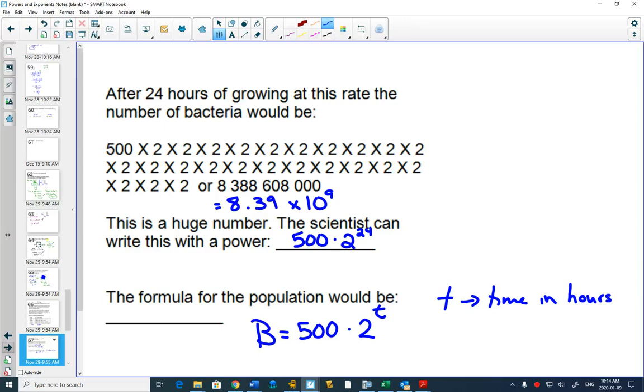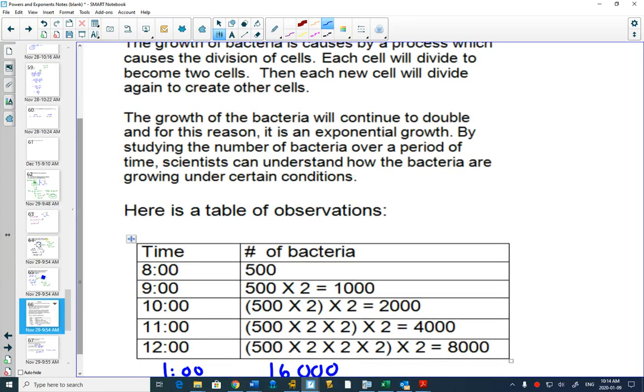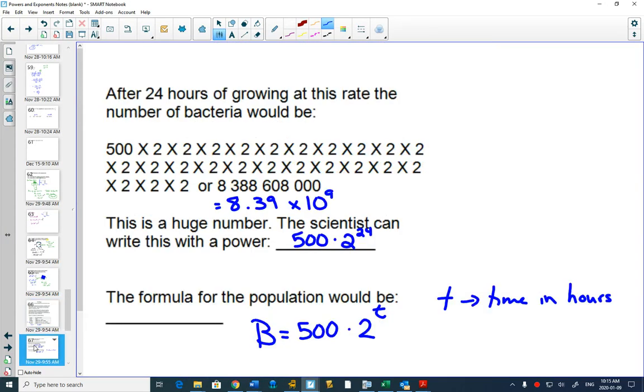If the time was 2 hours, 2 squared would be 4. 4 times 500 would give you 2,000. If the time was 3 hours, it's supposed to be 4,000. Look at the formula. If you put a 3 in there for 3 hours later, 2 times 2 times 2 makes 8, times 500 would give you 4,000.